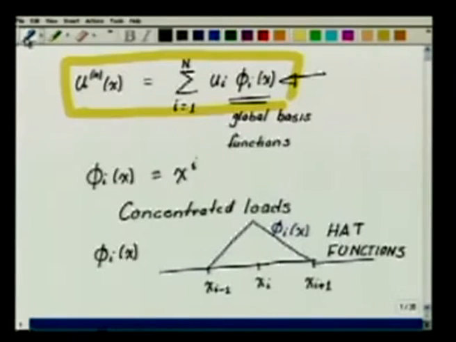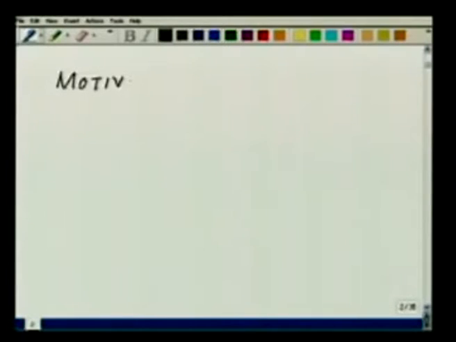So from this series representation, we found that taking a two-term solution using appropriately placed points and defining the phi I's with respect to those points, we got the exact solution to the problem with a concentrated load. Great. So this, we said, was the motivation for using the finite element method. I am going to write it as an abbreviation as FEM.